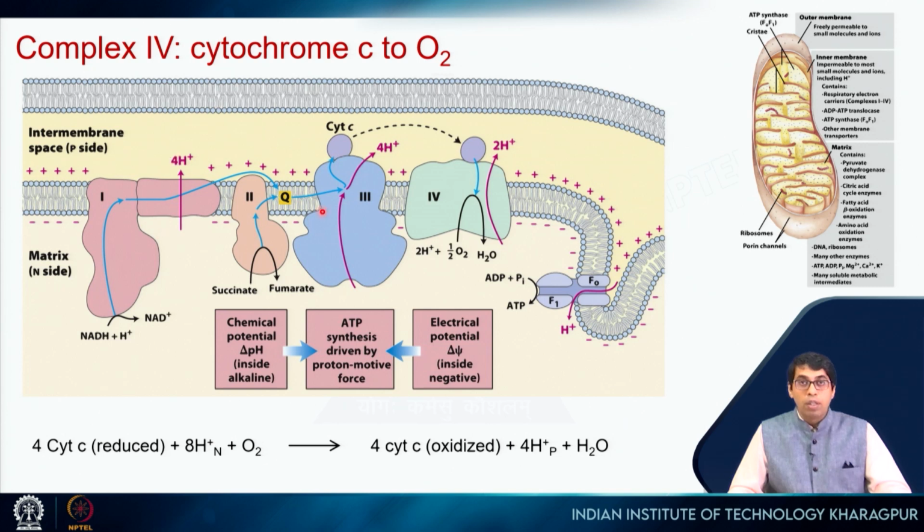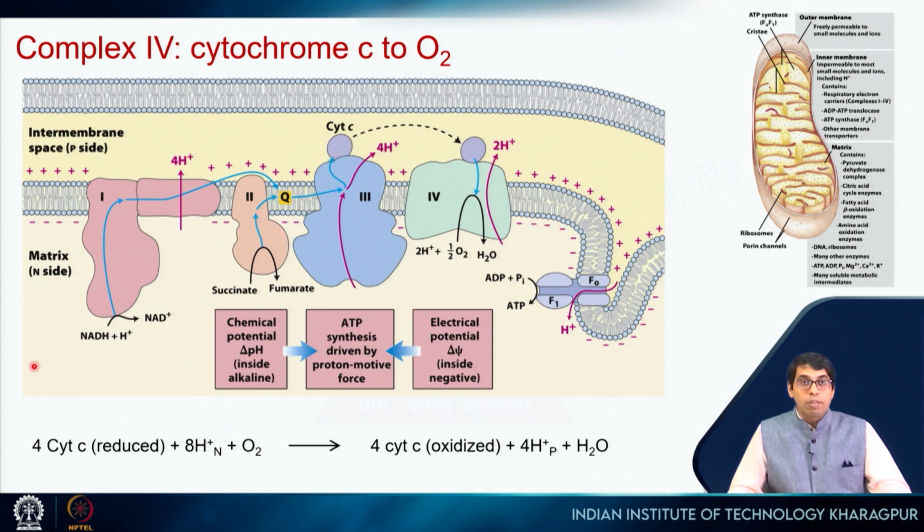However, for 2 electrons transferred from succinate to oxygen, 4 plus 2, 6 protons are pumped out.